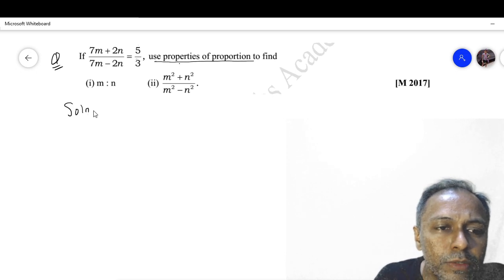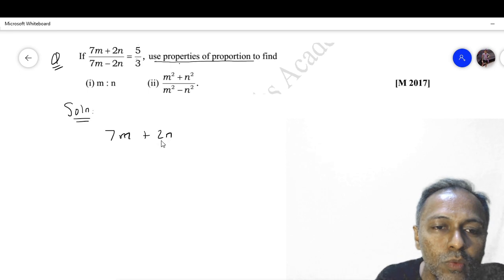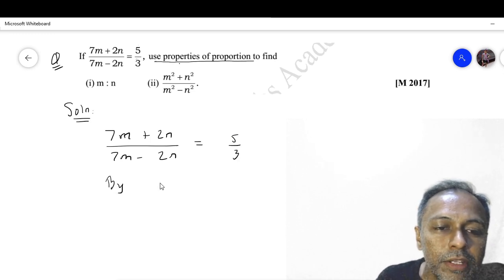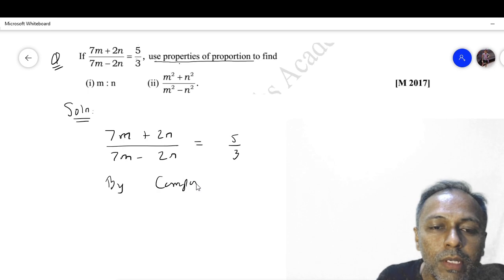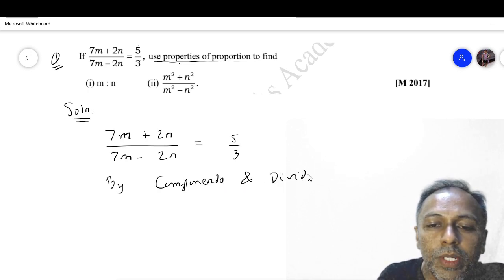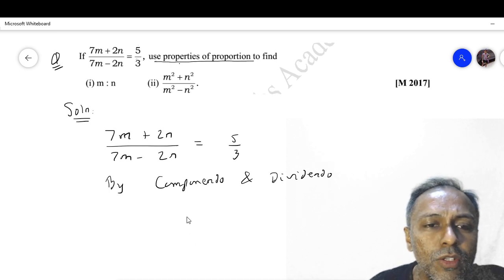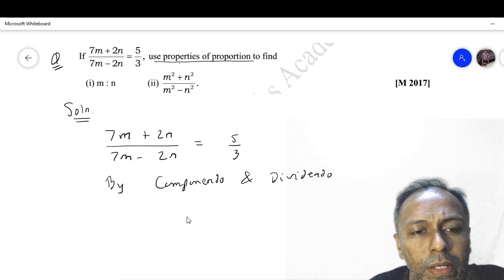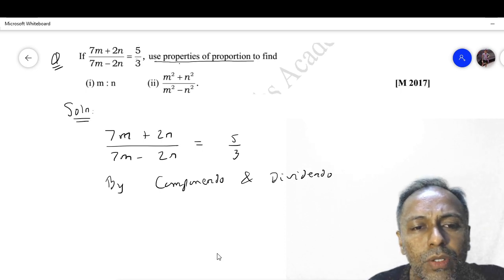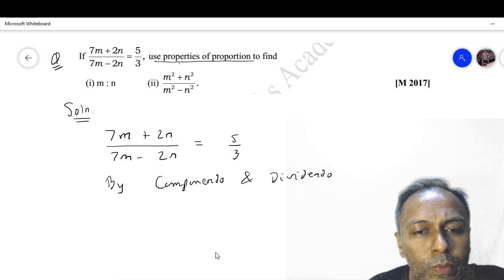So let's begin our solution by rewriting (7m plus 2n) upon (7m minus 2n) is equal to 5 upon 3. Let us write here, by componendo and dividendo. Now in case you are thinking how did this strike you, then if the terms are conjugates of each other in numerator and denominator, then you can be rest assured to start with componendo and dividendo.